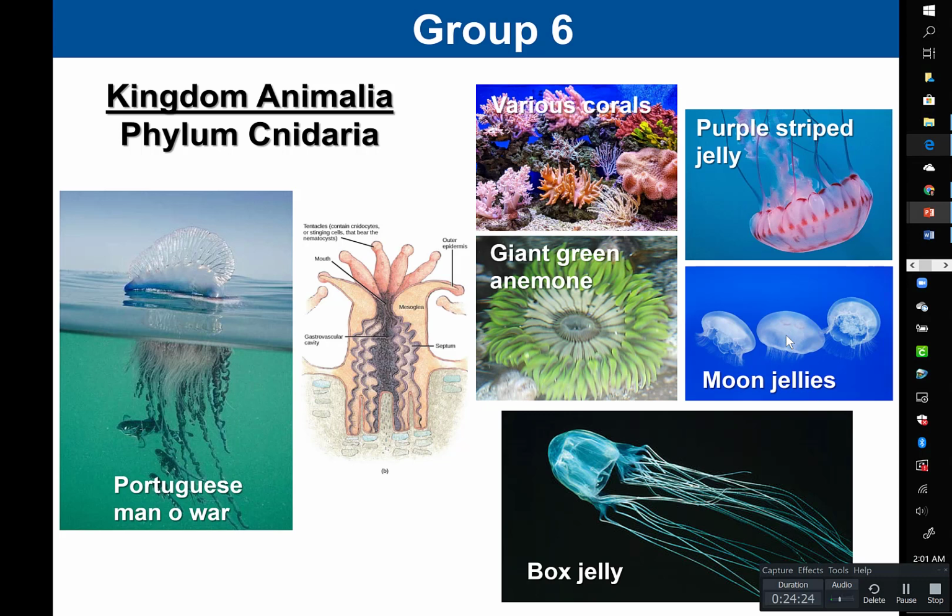They are aquatic, right? Notice these all live in the water. And they feed by stinging their prey. And so they have these tentacles, and those tentacles have the nematocysts, and that allows them to sting their prey to be able to capture it. And so these would be our cnidarians.